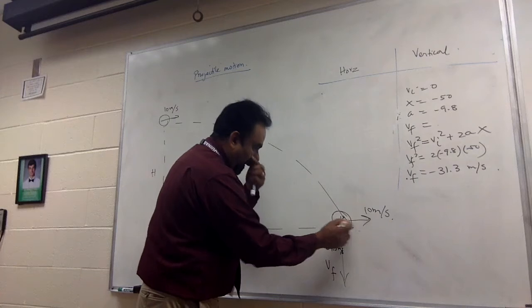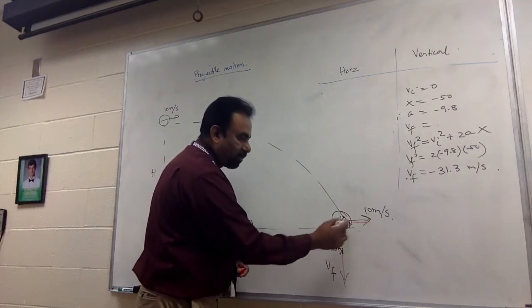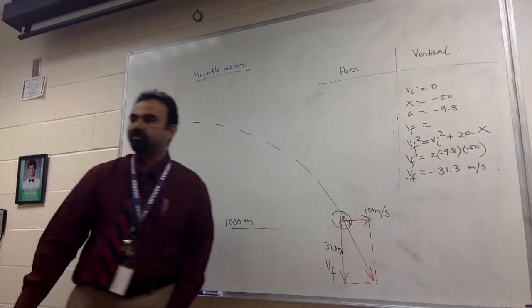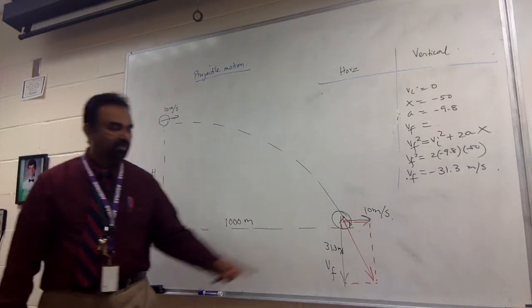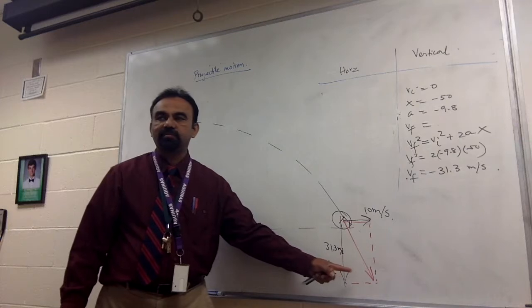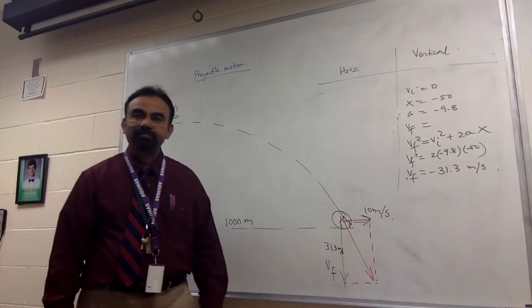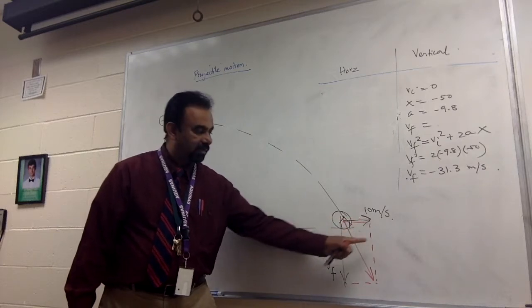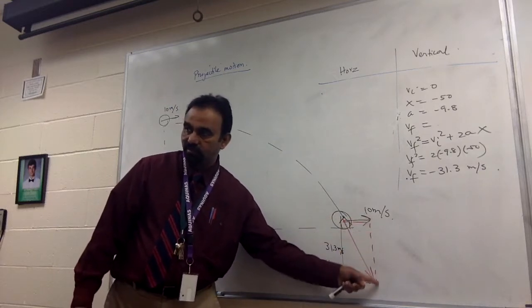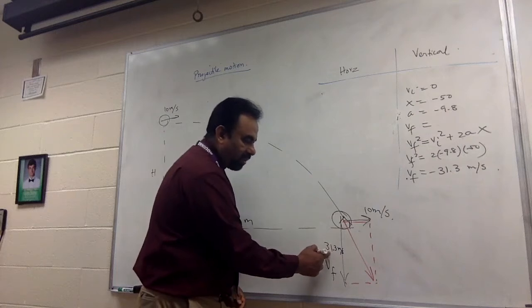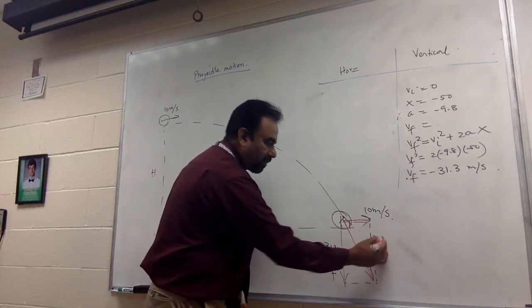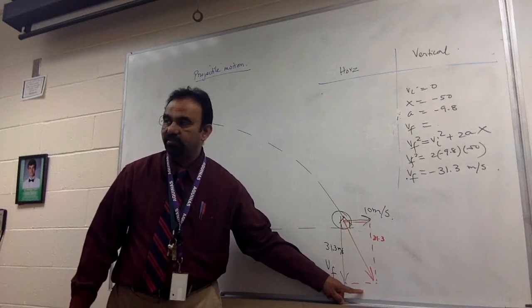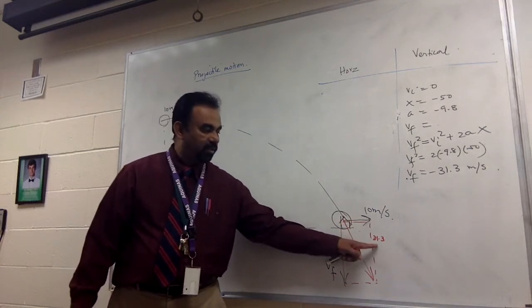This is 10 and this is 31.3, and this is going to be the resultant. That's what you need to find out.